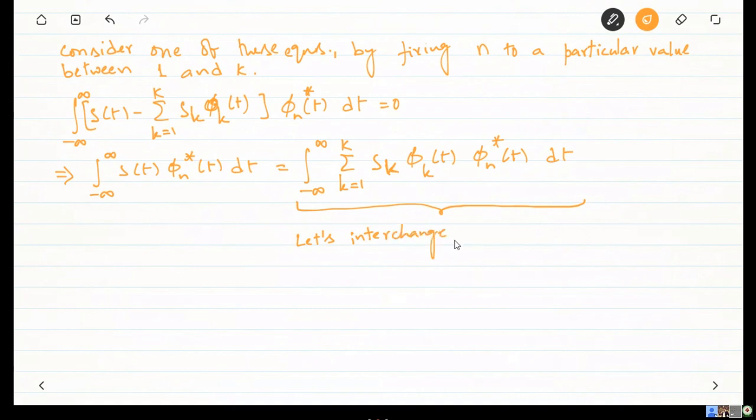Let's interchange the summation and the integral. When I say integral, this is the integration sign, right? The integral and the summation.